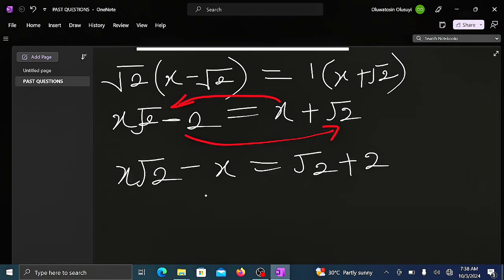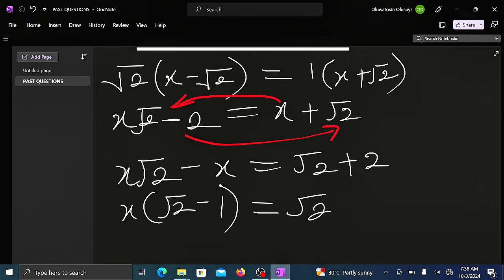I think at the left hand side, x is common, so we can factor out x. So we have x, open a bracket of root 2 negative 1. If you expand that, you have what you have at the top. And that becomes root 2 plus 2.